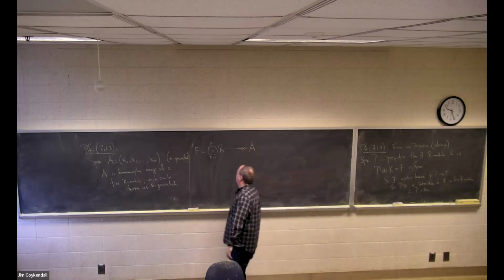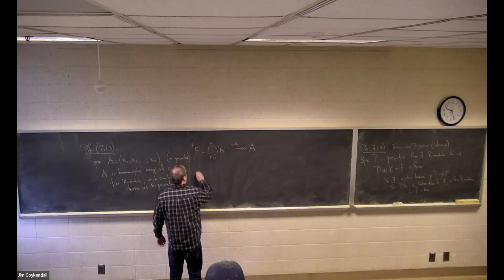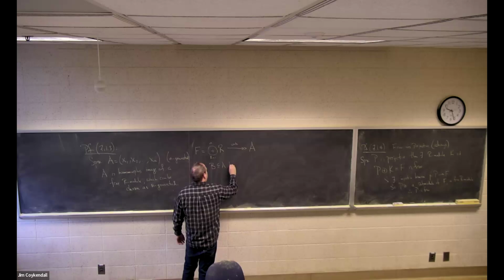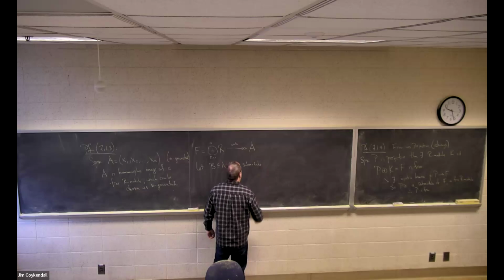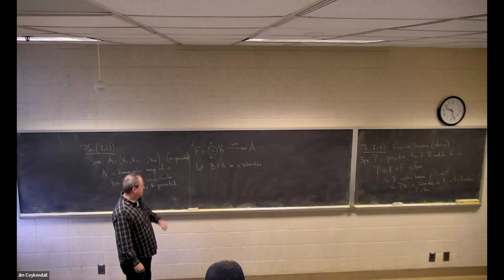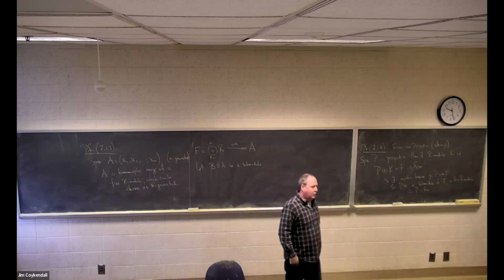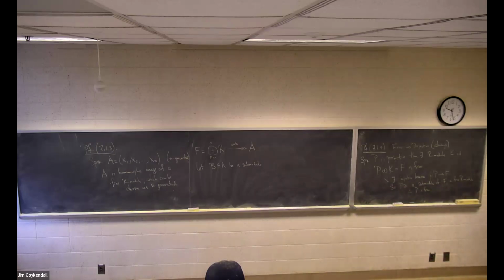Now, let B be a submodule of A. I want to show that B can be generated by n elements or less. Any ideas how I might go about this?